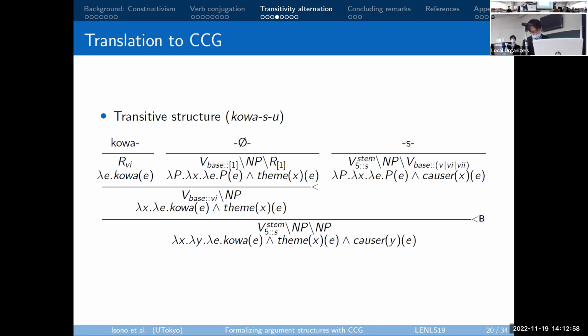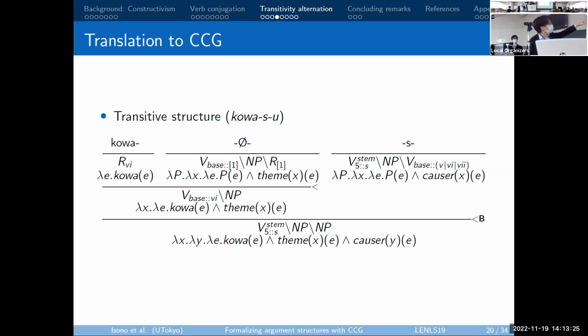This is our analysis of koasu, transitive. The root of koa is the leftmost element. It is categorized as R, and it is also annotated with the Roman numeral 6, which indicates that this element belongs to the class 6 of the transitive alternation paradigm. And this element is then selected by the element in the middle, which corresponds to the label we had in the distributed morphology analysis.